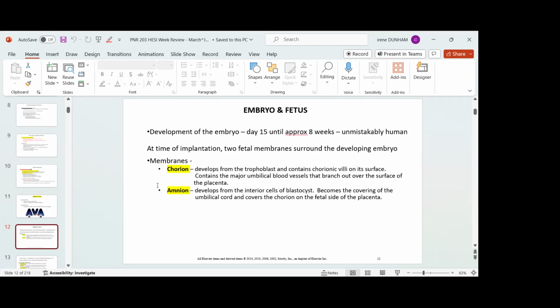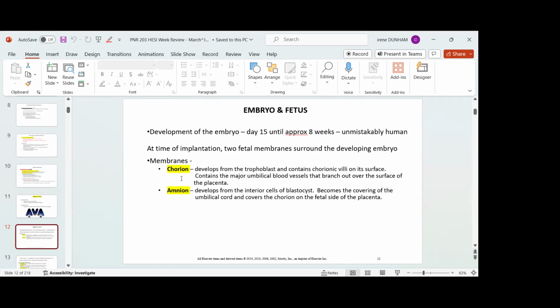Now, you have the two membranes, the chorion and the amnion. Now, just for review, the chorion develops from the trophoblast and contains the chorionic villi on its surface. It has major umbilical blood vessels that will branch out over the surface of the placenta.